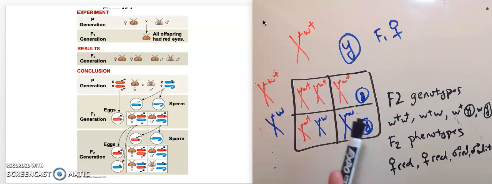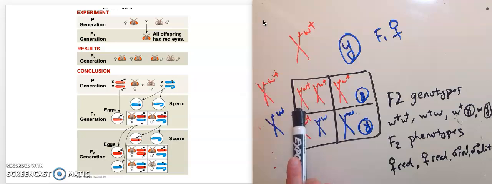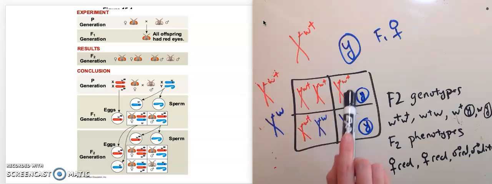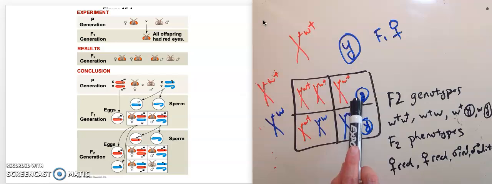So for the F2, we have the same genotypic ratios that we would expect from a heterozygous cross. We have 1 out of 4 being homozygous dominant. These 2 are heterozygous kind of in different ways. These females are really, truly heterozygous, whereas these males have 1 functional dominant copy, and then the other chromosome is not homologous.